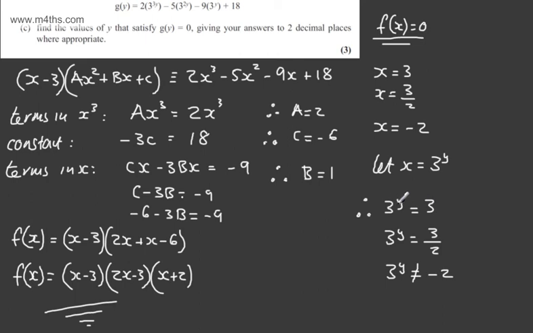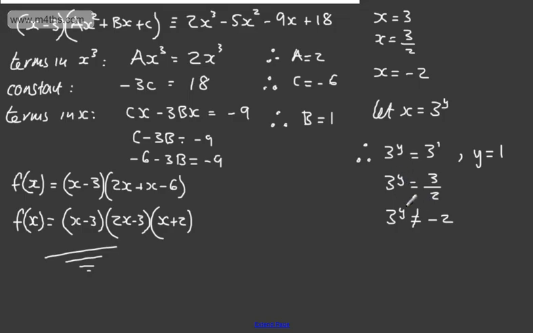This one is fairly straightforward. If 3 to the y is equal to 3, we can say y is equal to 1. Let's now look at this one. For this one, we need to use logs. So I'm going to write log of 3 to the y is equal to log of 3/2.